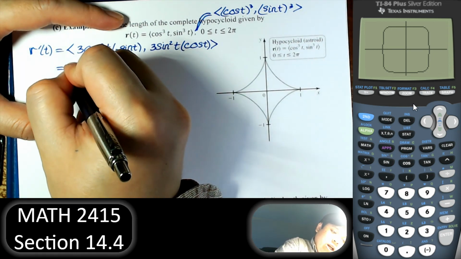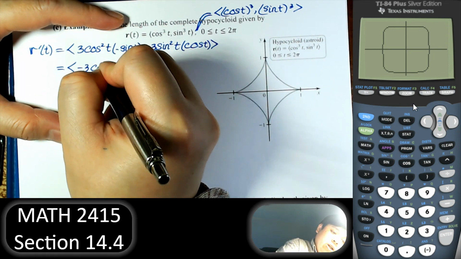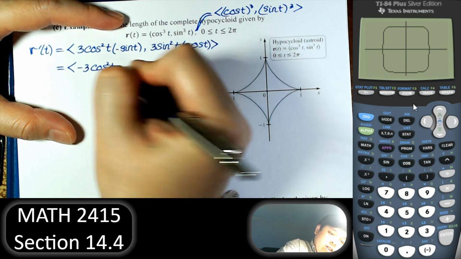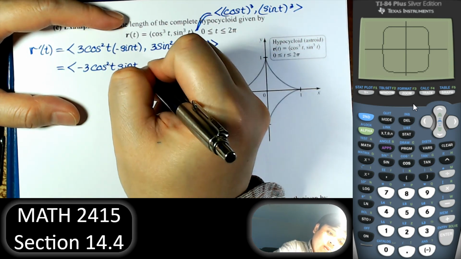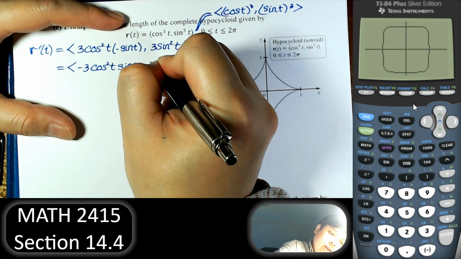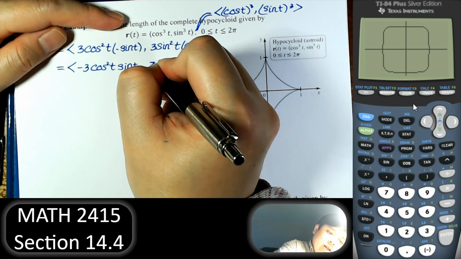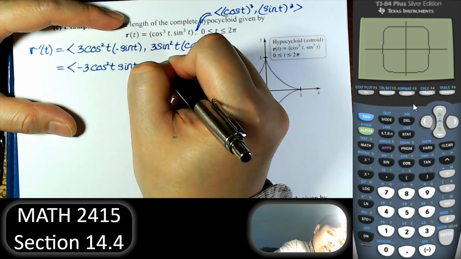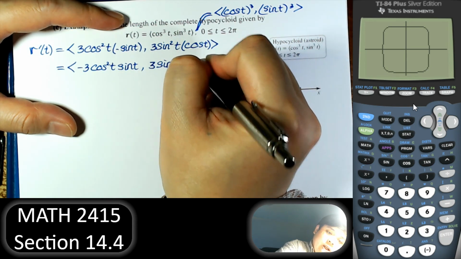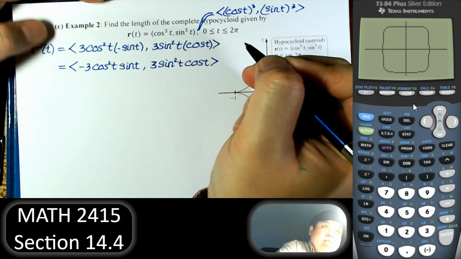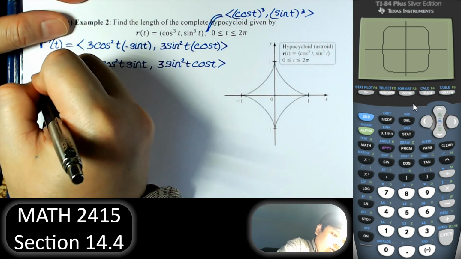Right, so that gives us negative 3 cosine square sine, and then 3 sine square cosine, and then take the magnitude.